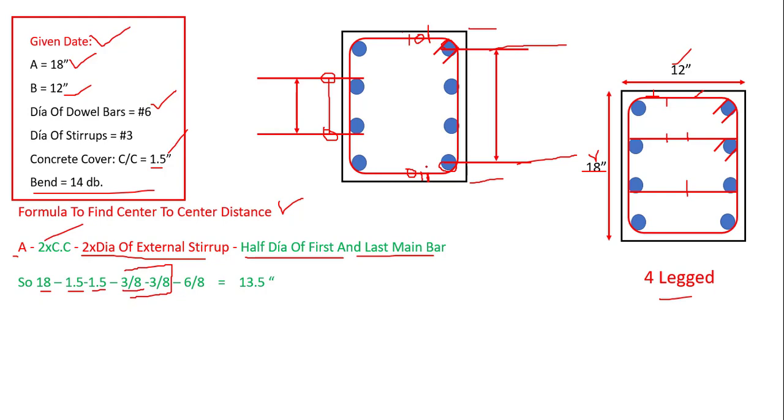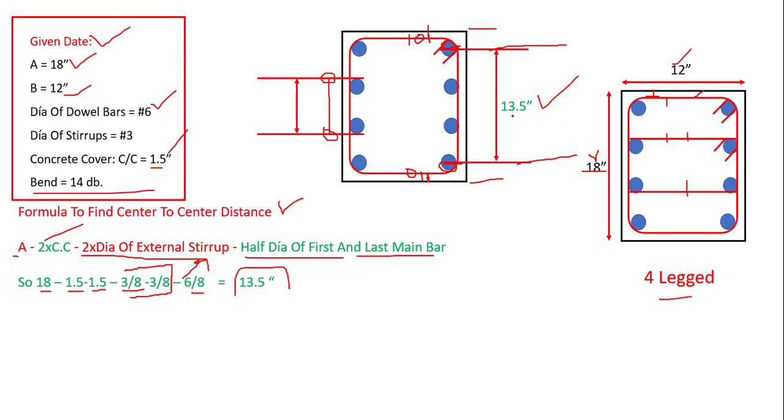Then we need to deduct half dia at this end for the main bar and half dia at this end for the other bar. So half plus half will make the full dia, that will equal number 6 divided by 8 in order to convert it into inches. So this distance will be equal to 13.5 inch. The center to center distance between these two external main bars will be equal to 13.5 inch.